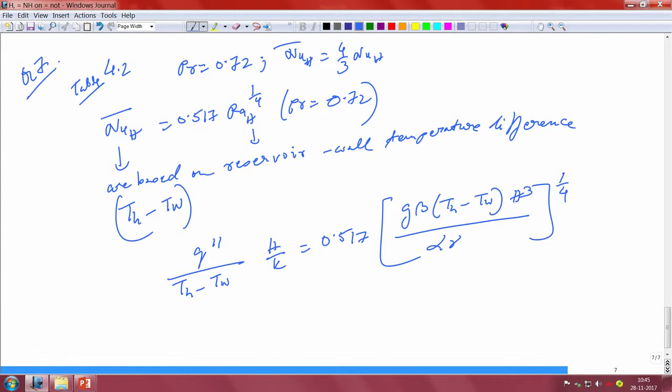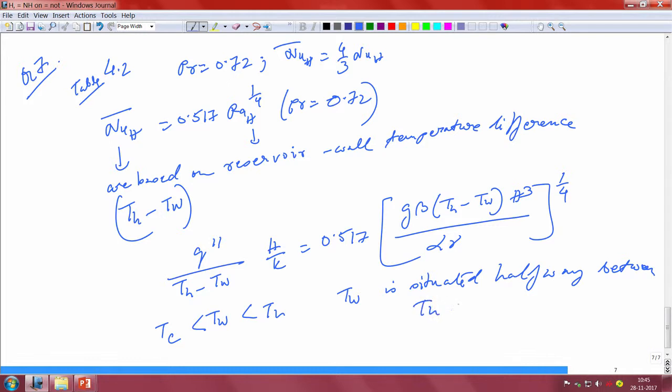TW essentially lies in between, so it is greater than TC and less than TH, this we kind of know, and it is usually situated halfway, assuming symmetry, between TH and TC. Halfway means therefore TH minus TW is equal to half of TH minus TC.